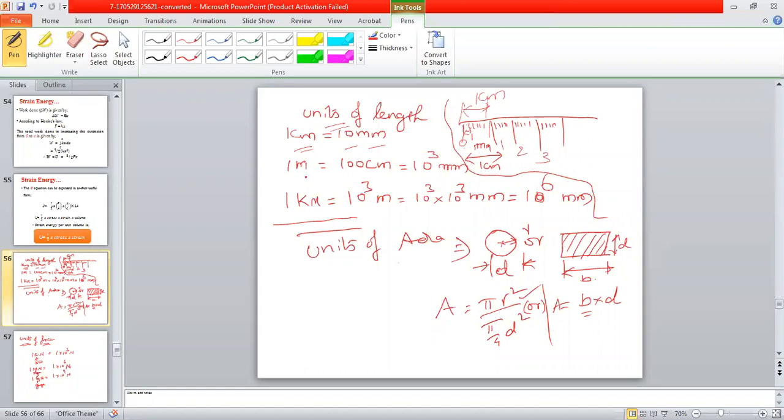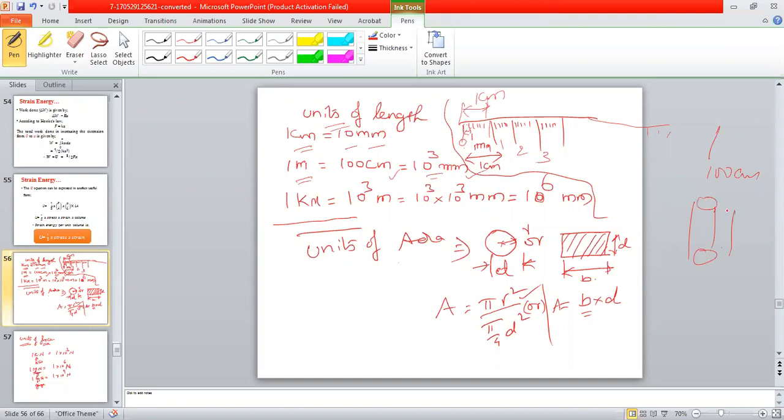And next, a 1 meter scale is nothing but 100 centimeters. So in mm, that is 10 to the power of 3 mm. Therefore, these are the length units. We will consider these length units while calculating for an object, as we take an object with a certain length.